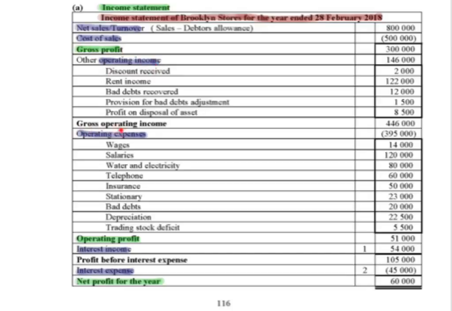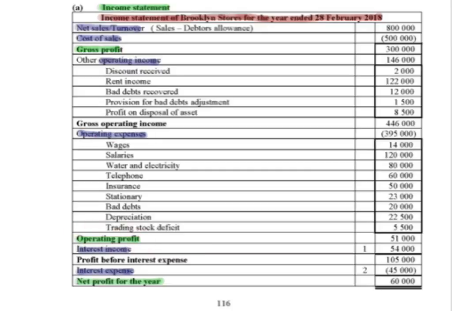From your gross operating income, you subtract your expenses. Again, I subtract all of my expenses except for my interest expenses, listed at the bottom of the statement. So gross operating income minus expenses gives me my second profit, and that is the operating profit.